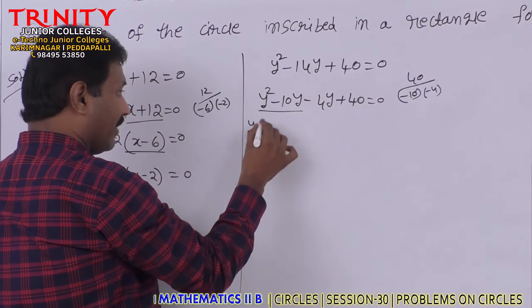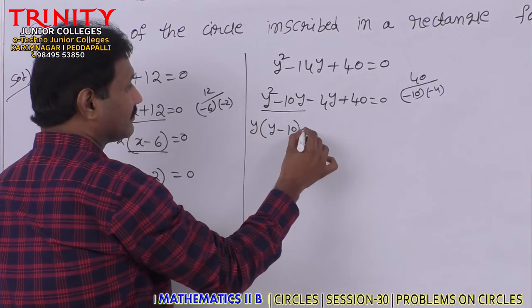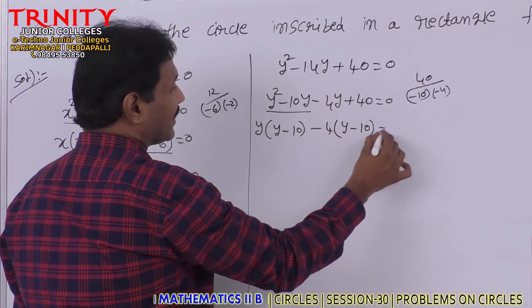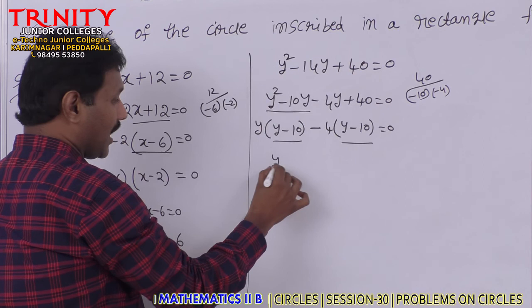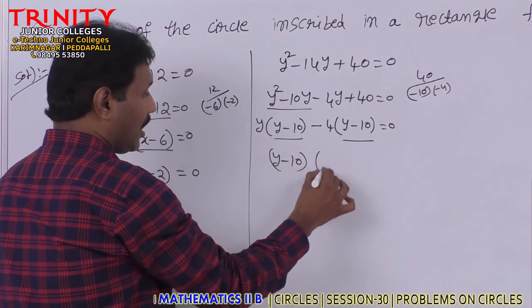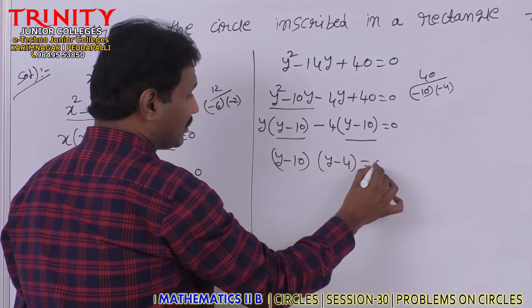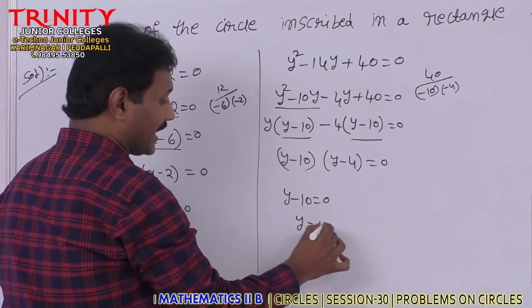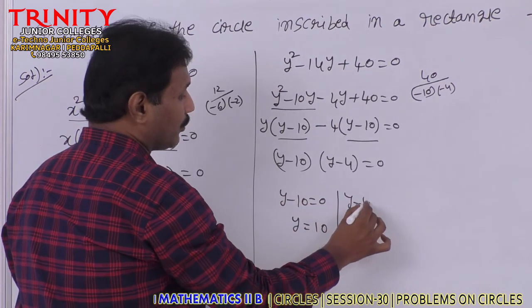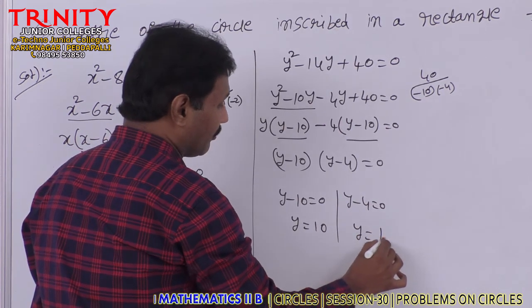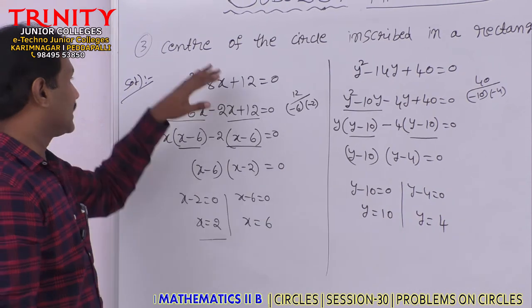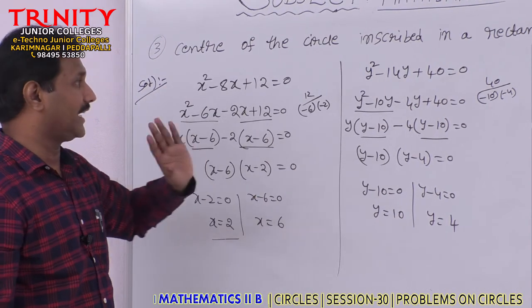Here y into y minus 10, minus 4 into y minus 10 equals 0. Common y minus 10, y minus 4 equals 0. So y minus 10 equals 0 gives y equals 10, and y minus 4 equals 0 gives y equals 4. These are the boundaries, the sides of the rectangle.